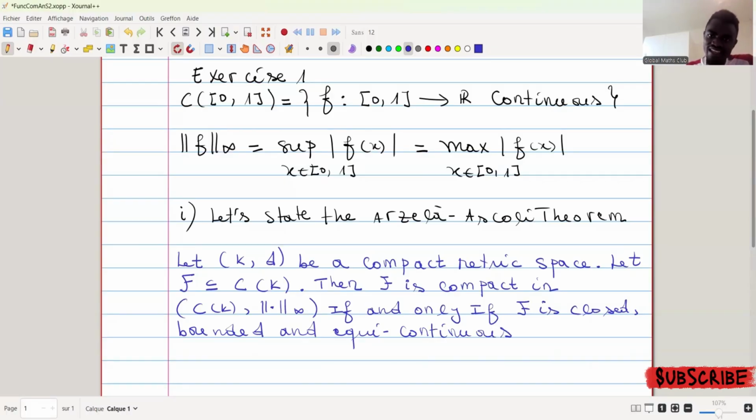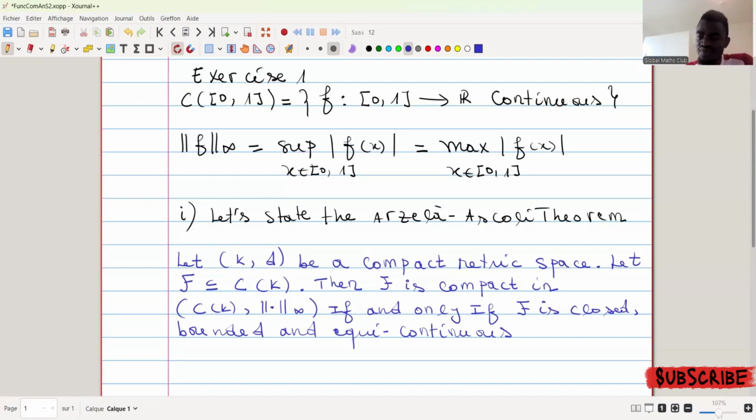I think there are people in Germany for whom maybe it's not the same thing. Why? Because when you have (K, d), a compact metric space, and F, a family of continuous functions in C(K), another version of the Arzela-Ascoli theorem is that F is pre-compact in C(K) equipped with the infinite norm if and only if F is bounded and equicontinuous.